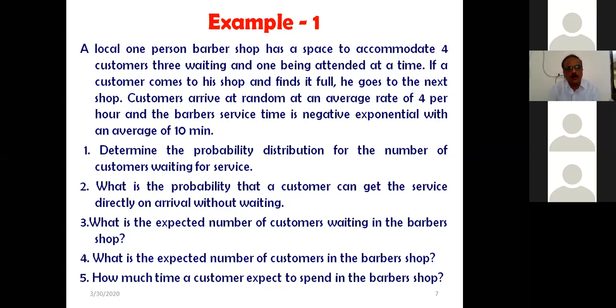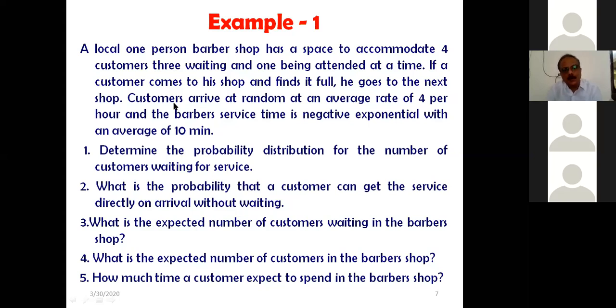So it is the second model, single server and queue length is only 4. So here the value of capital N is equal to 4, and the value of C is equal to 1. So a local one-person barber shop has a space to accommodate 4 customers, 3 of them waiting and 1 being attended at a time. If a customer comes to his shop and finds it full, he goes to the next shop.